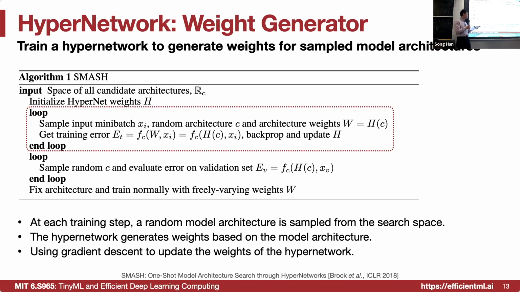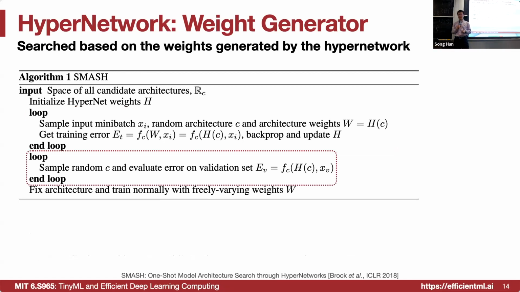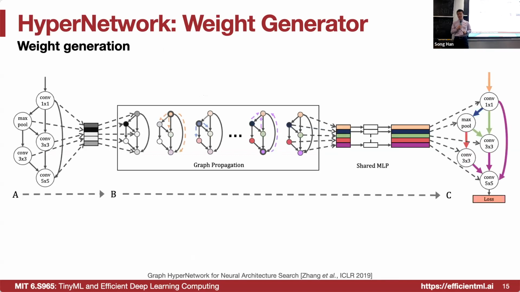There is a weight generator network called a hyper network that generates the weights based on the model architecture. We can use gradient descent to update the weights of the hyper network, which is used to generate the weights for the searched network. Then we sample the random seed and evaluate the error for the weights of the network. It's originally W, but it's actually W equal to H(c), which is generated by this hyper network.